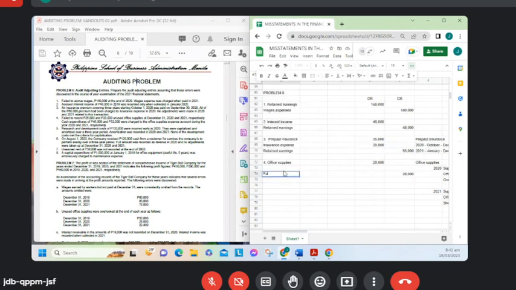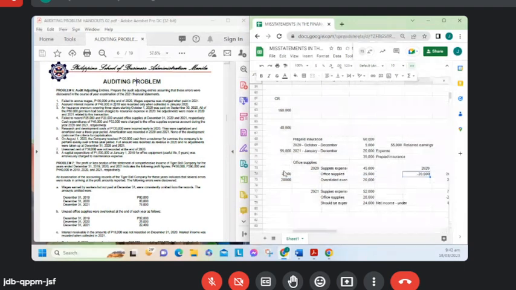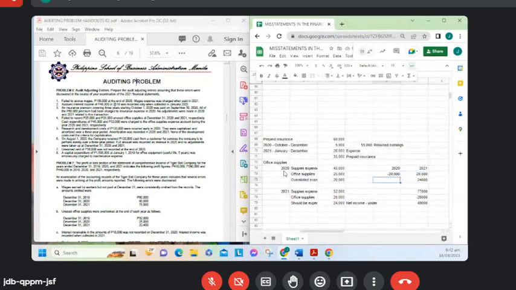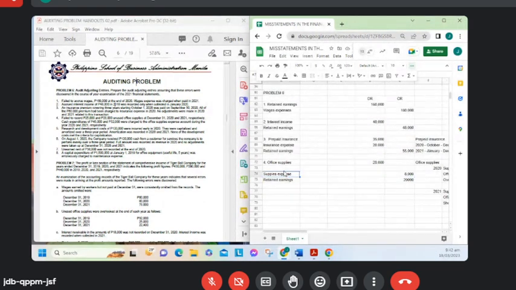So retained earnings, tama pala yun kanina. Retained earnings, 20,000. Tapos 8,000 lang ang office supplies. Okay, paano nakuha yung 8,000? As a supplies expense.